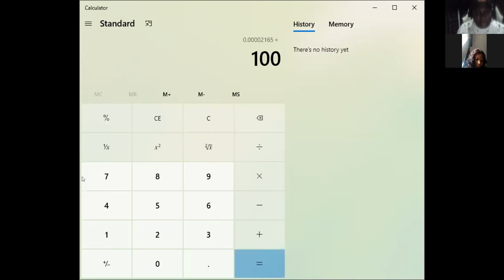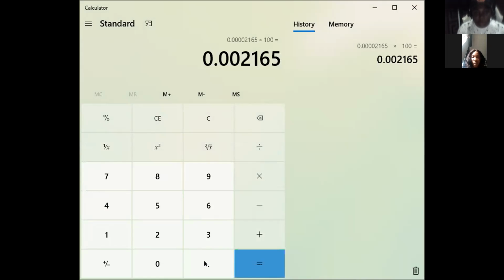Now you can times, you remember that you have already typed 0.00002165 times 100. Okay, hold on.